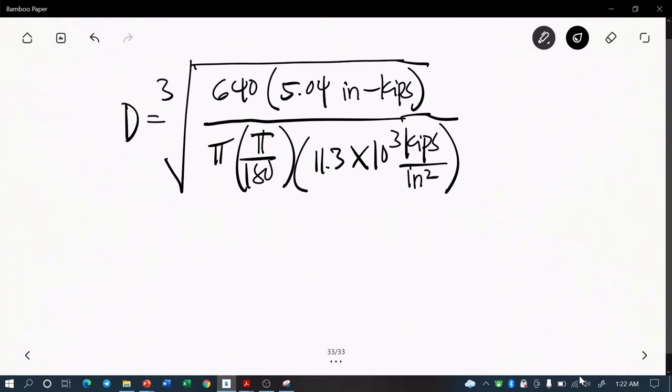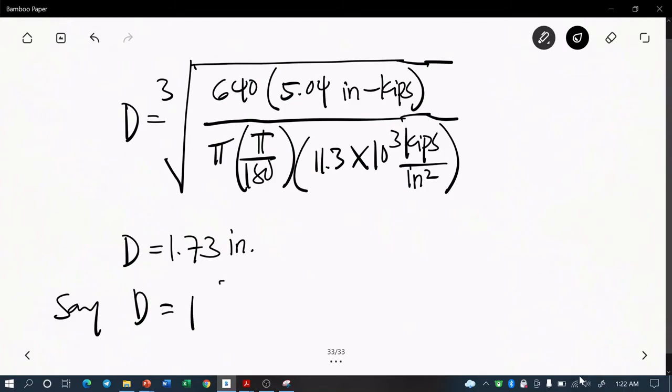We should have a final value when this is evaluated in inches. So this diameter is equal to 1.73 inches, or let's say the diameter is equal to 1 3/4 inches.